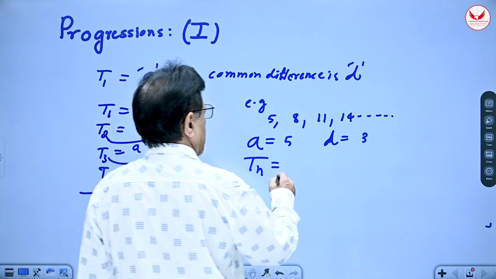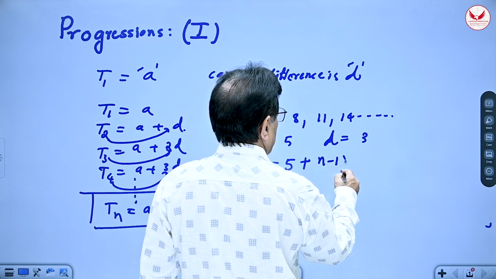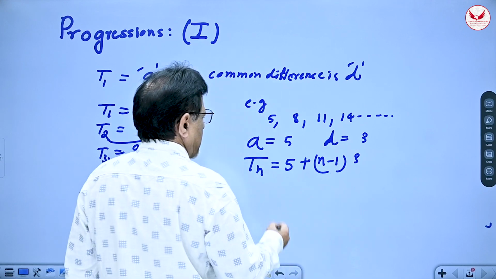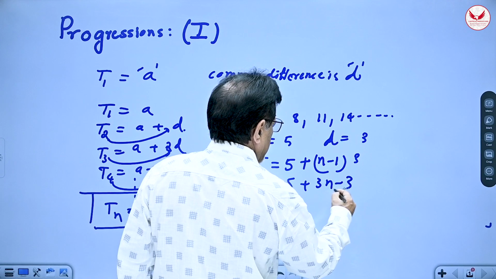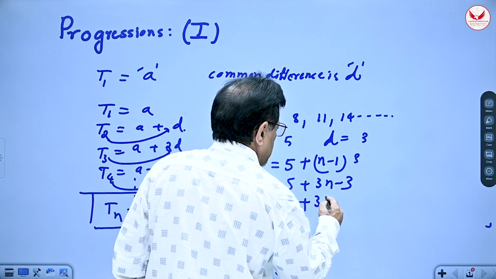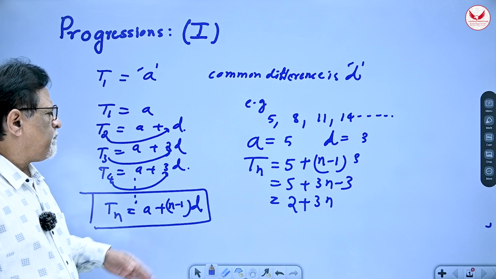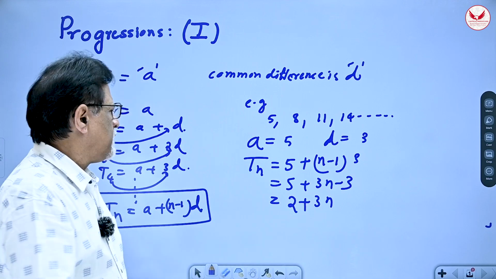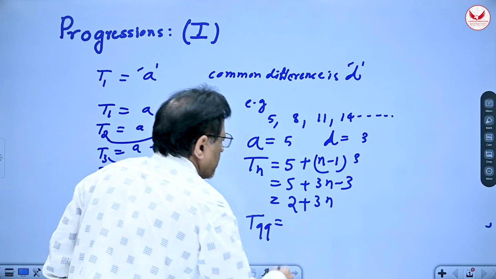So Tn is actually equal to what? 5 plus n minus 1 into 3. That means it is 5 plus 3n minus 3, a little bit of simplification, 2 plus 3n. So this is the nth term of the sequence. Now you have got a formula for the nth term. So if you want to find out, say, T99, it's absolutely simple.